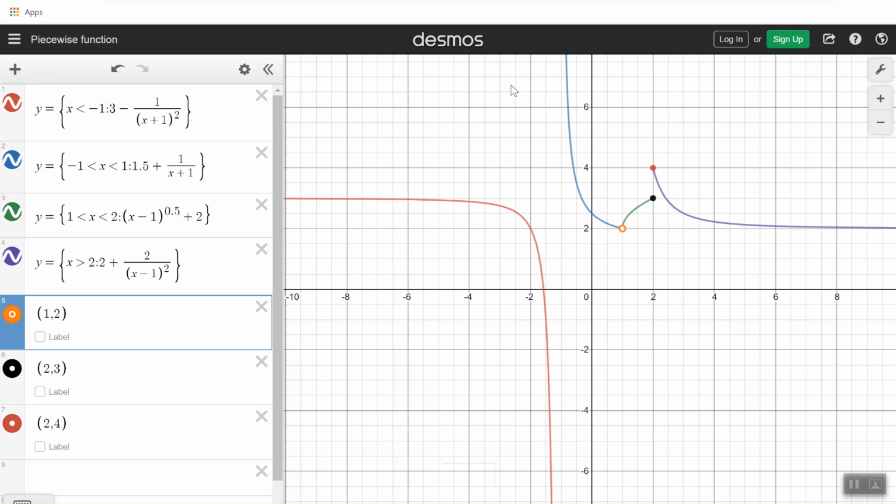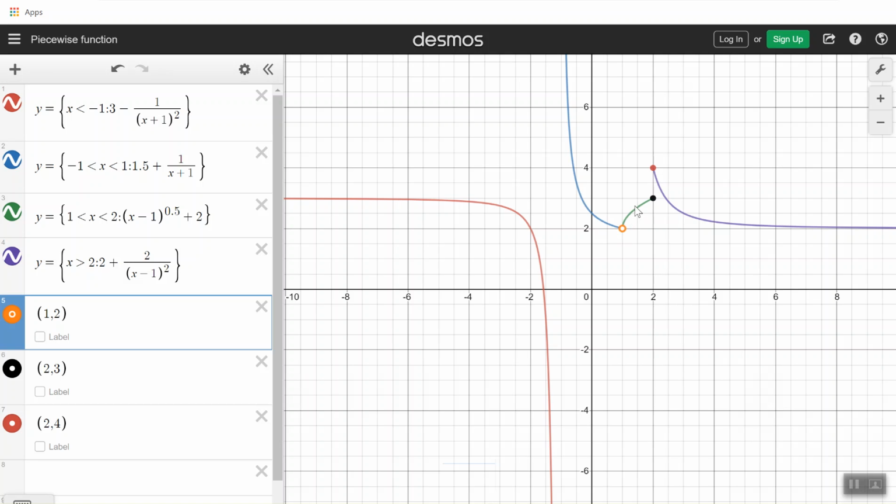There's a removable discontinuity at x equal to 1, because there's this little hole here, and I can just redefine my function at that one spot so I would no longer have to pick up my pencil when tracing the blue and green part. I can just go right from one to the other.